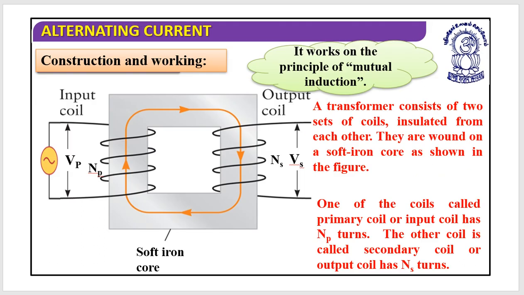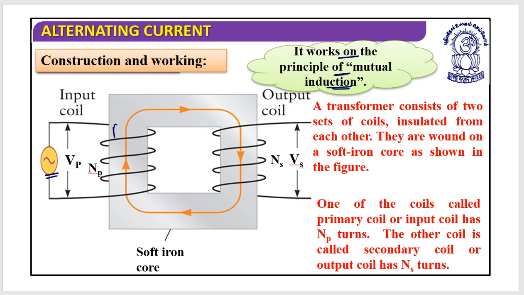Next, let's look at the construction and working of a transformer. It works on the principle of mutual inductance. We have two coils. The coil with which the supply has been connected is called the primary coil.